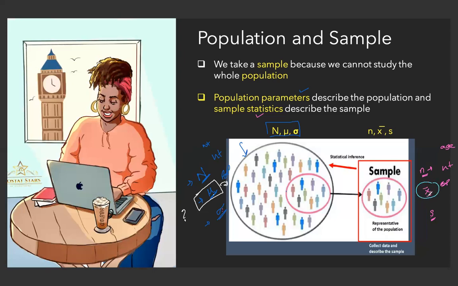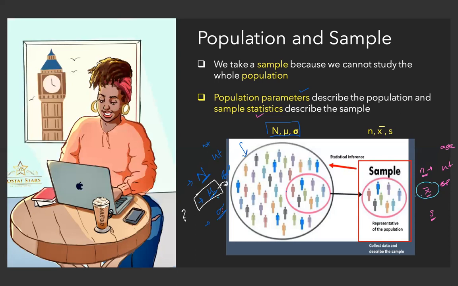So really, we can find out X bar. But the whole job of X bar is to give us an idea of what mu could be, an estimate of mu. So this sample statistic is giving us an estimate of this population parameter. This is a very important concept for you to have.